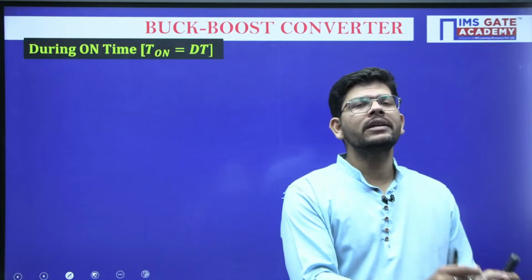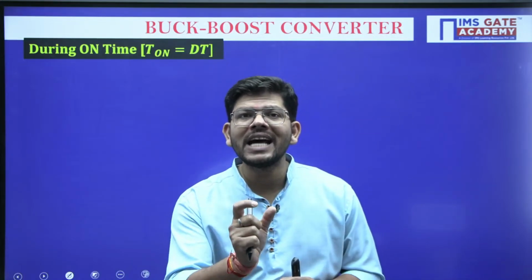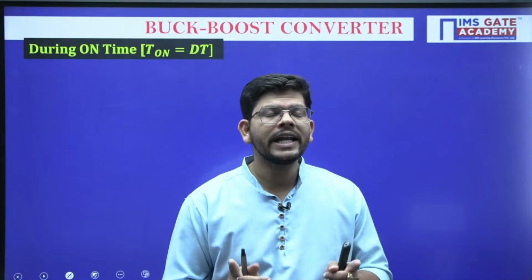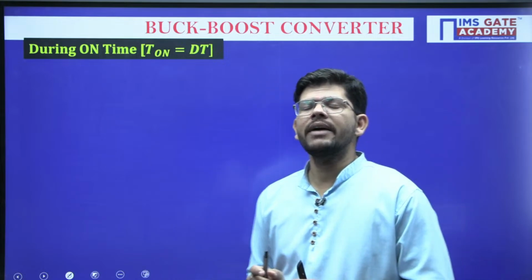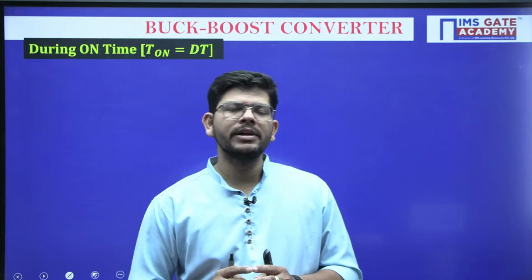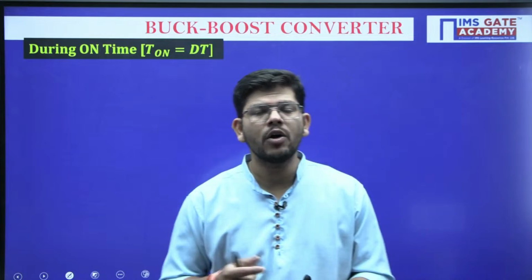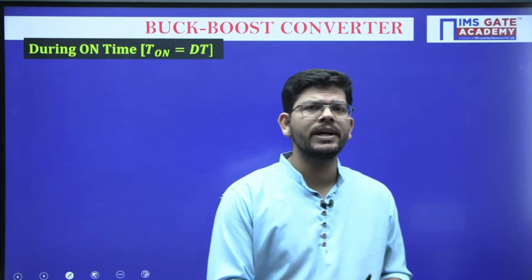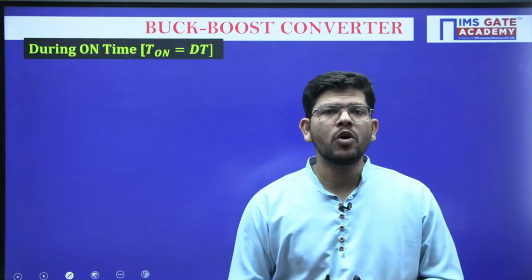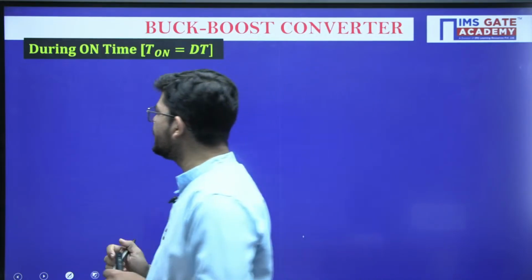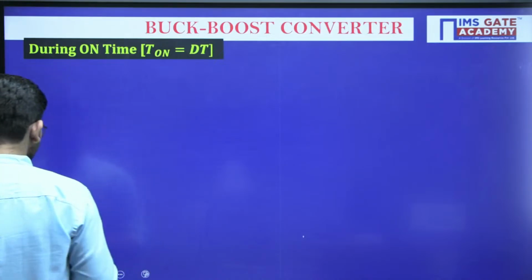Off time means the switch will be in the off position and the diode will be conducting. Both cannot conduct simultaneously, because of the type of connection that we are having. When the switch is conducting, that time is called the on time. So on time means the switch will be in the on state.